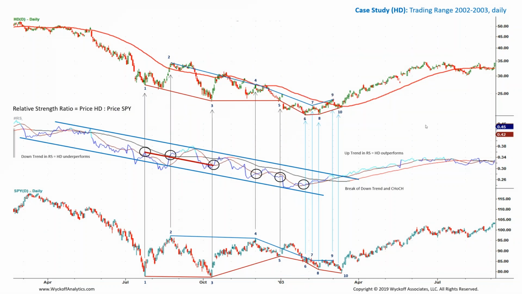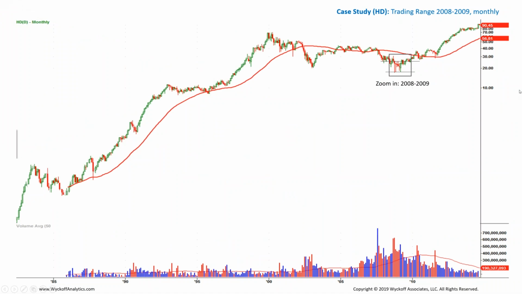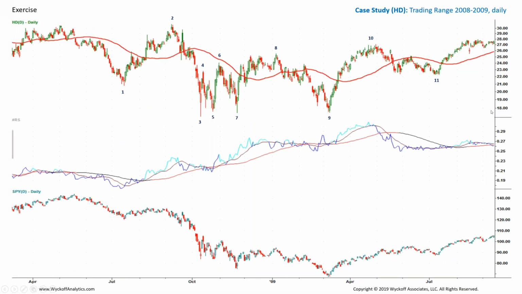It does. Okay, well, if it doesn't, then let's look at the next example really quick, and then it will make a lot of sense. So now we're looking at 2008, 2009, and thinking about the same concepts. I don't want you to think about relative strength as just a filter that shows the stock is outperforming. I want you to understand why. What exactly are we looking at when we look at relative strength?